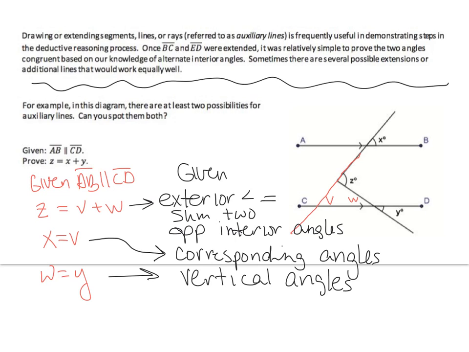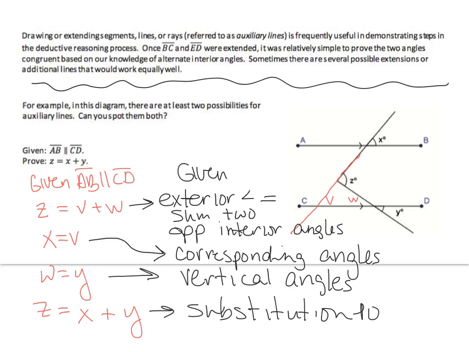And then we can substitute z, keep my color, z is equal to, instead of v, we're going to write x, and instead of w, we're going to write y. Substitution. Sorry for the delay. Substitution, property of equality. Okay, let's do this one again.